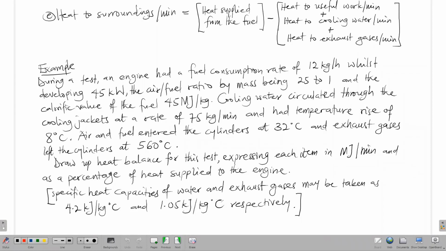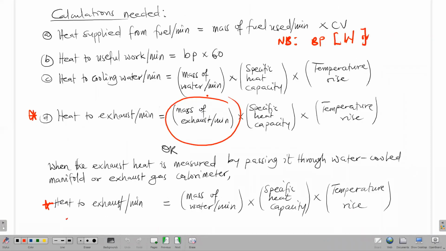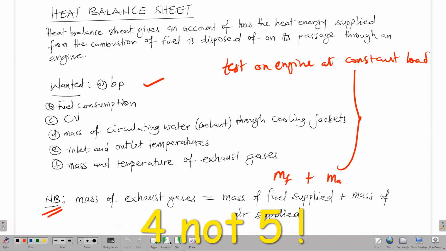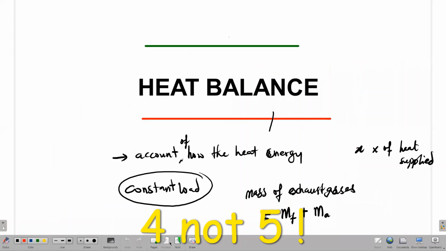So you will notice that in all, we have 5 places that the heat energy, which was derived from burning the fuel, gets expended.